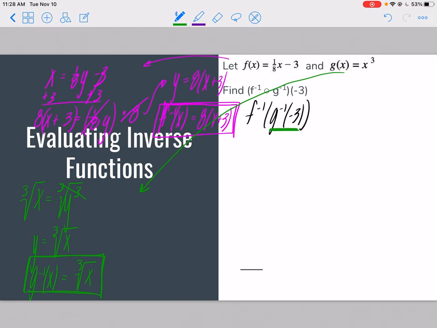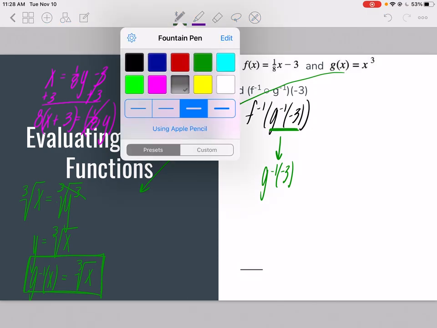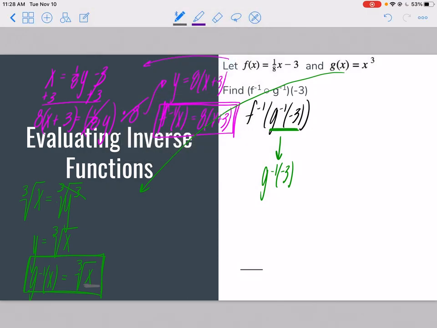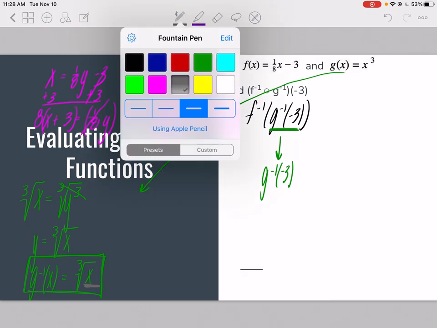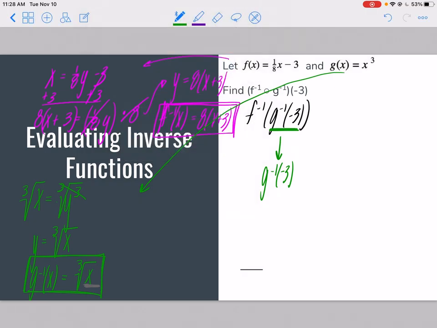First, we are going to find what is inside, the innermost thing. So g inverse of negative 3. So all I'm doing is I'm plugging negative 3 in for the inverse function here. Okay, so then I would plug that in. I would get the cube root of negative 3. Okay, and that likely is not going to be something nice and neat.